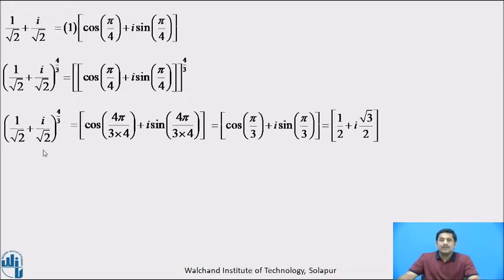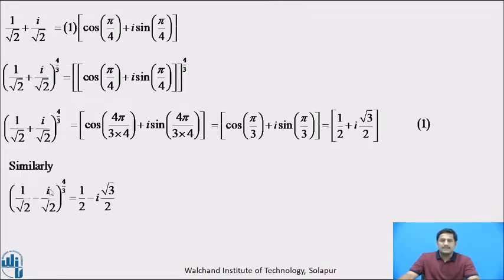The next number we have to calculate is 1 by root 2 minus i by root 2 raised to 4 by 3, which is the conjugate of exactly this complex number. So that can be obtained by replacing plus by minus on both sides. That is, we get 1 upon root 2 minus i by root 2 bracket raised to 4 by 3 equal to, replacing plus by minus here, 1 by 2 minus i into root 3 by 2.